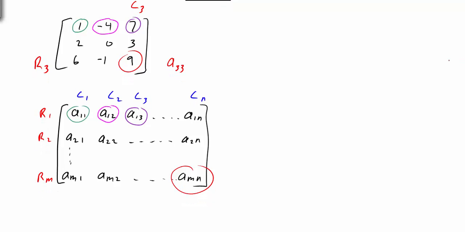Now, if we look at this specifically, we would identify this as the order of our matrix, which we identify by the rows, m, by n, where n is the number of columns.